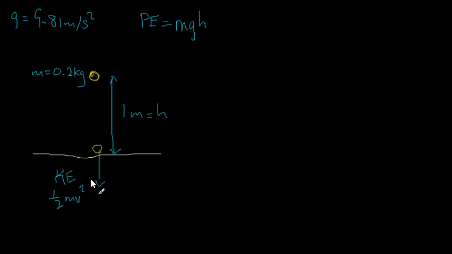So the exact amount of half mv squared just before it hits the ground is the potential energy. So that's our understanding of potential energy that comes from the gravity. Okay, so that's going to be our starting point.